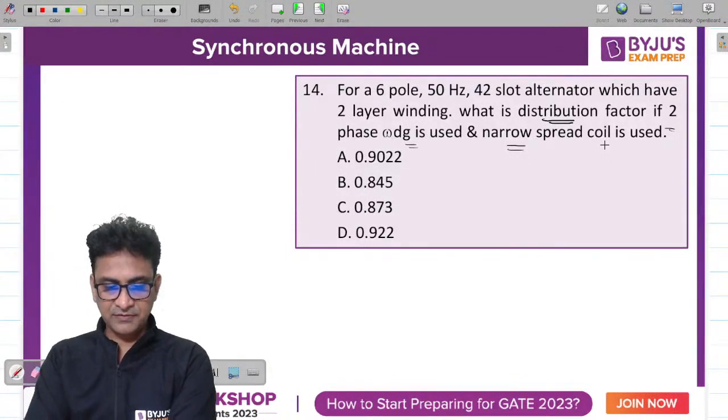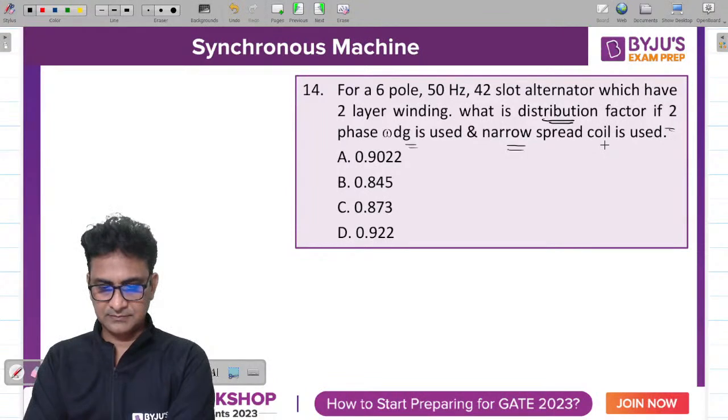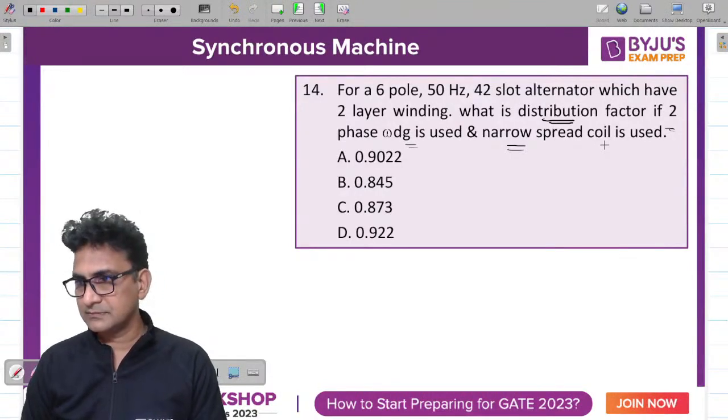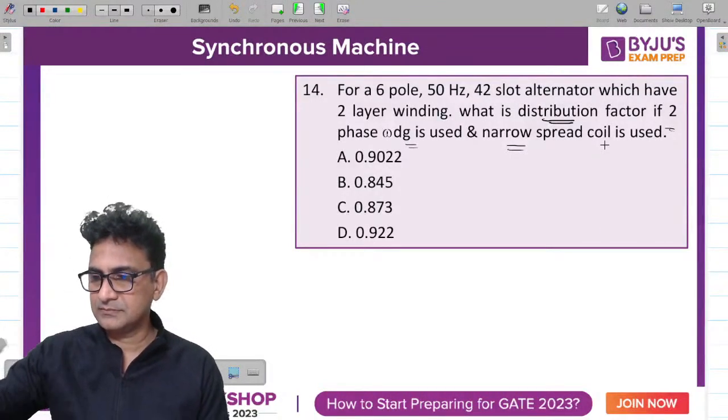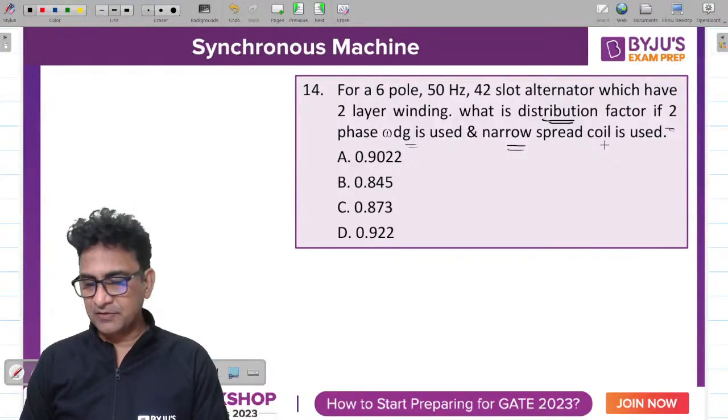This is an example of a fractional slot winding.